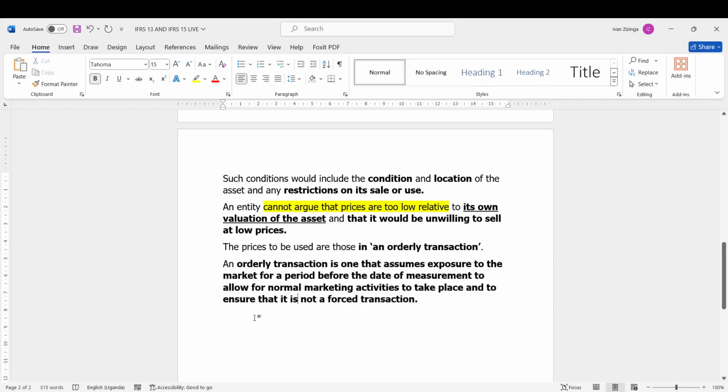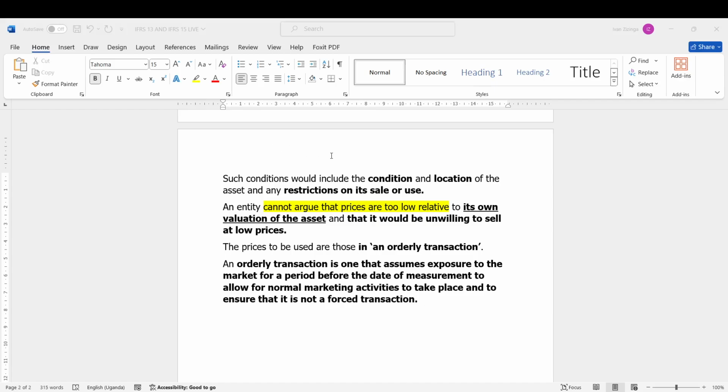You should sell where you often transact, so that you have enough information regarding your asset, regarding the perspective of other market participants. And that is what the standard requires us to always look at. Okay?